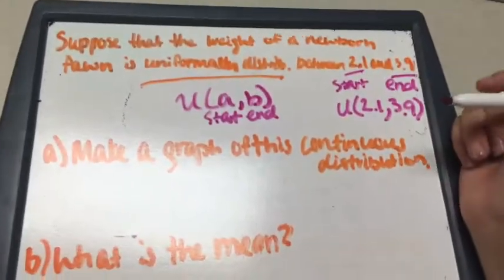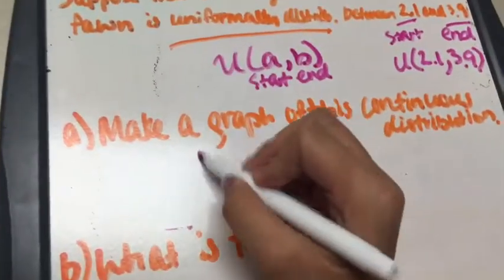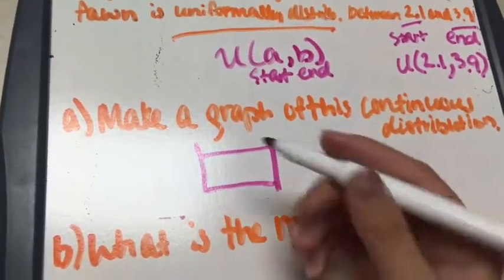If it tells you to make a graph of this, once you have this sorted out, you can just fill this in. This is the basic graph of it.